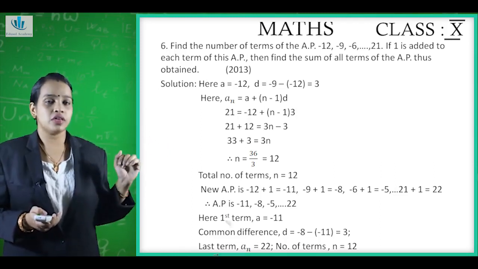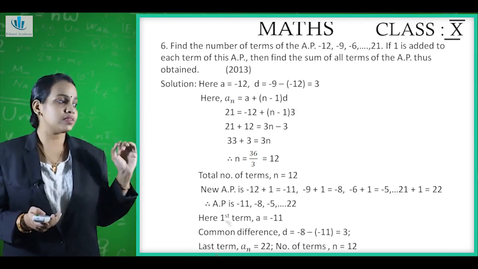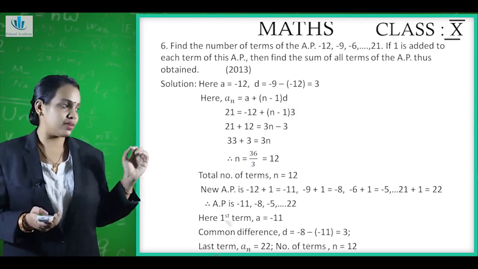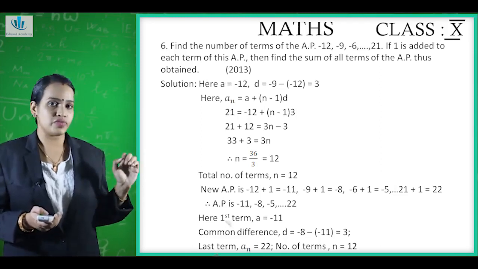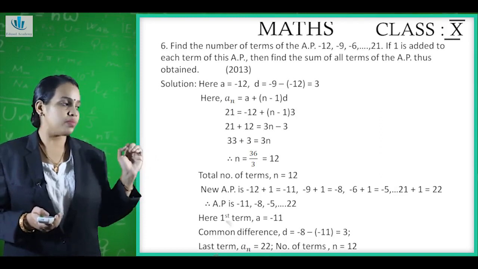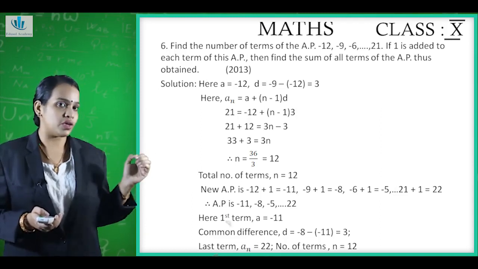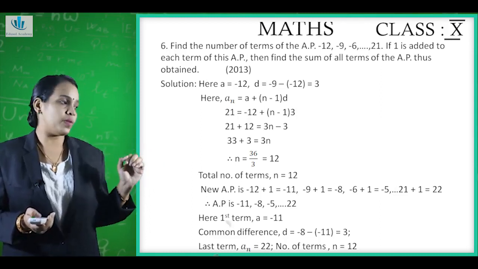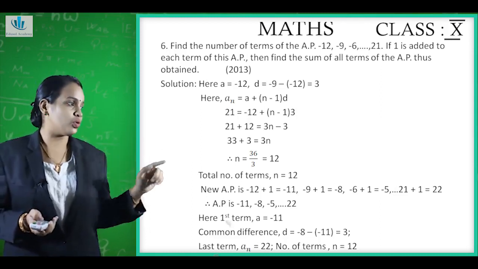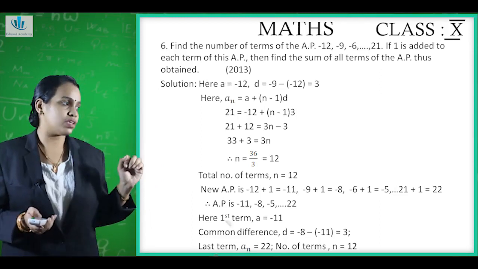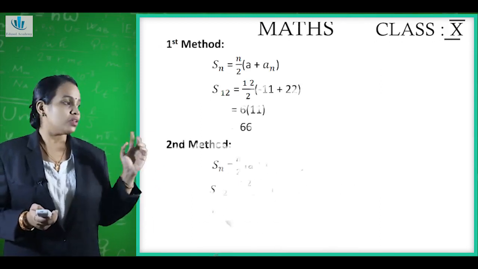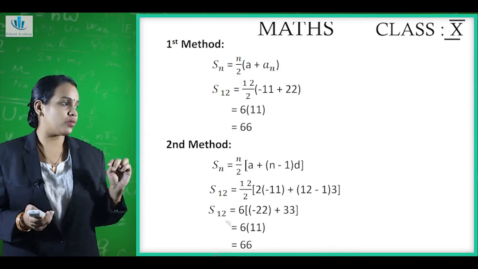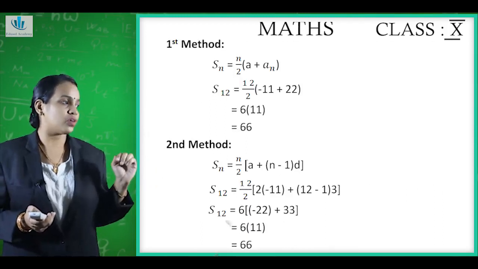Now here the first term, that is our a, is equal to minus 11. The common difference we have to find, that is minus 8 minus of minus 11, which is equal to 3. Our last term in the new AP is 22, and the total number of terms is n equal to 12. There are two methods to find the sum of the new AP.